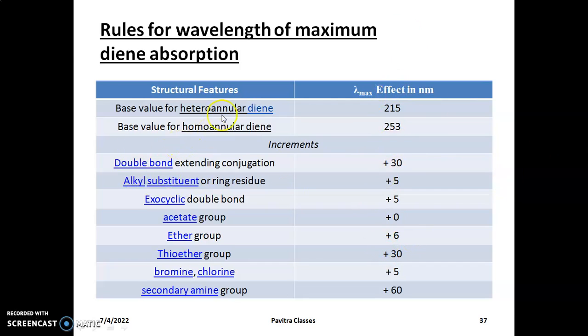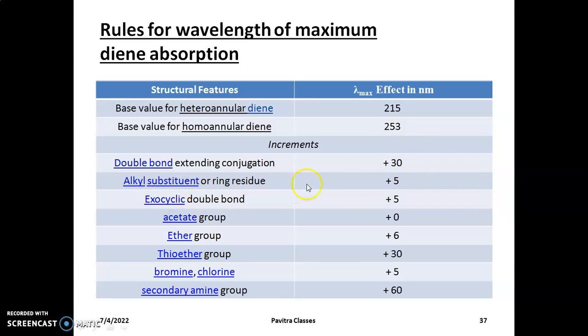Here, usually starting with the rules for the wavelength maximum of dienes: the base value for the heteroannular diene is 215. The base value for the homoannular diene is 253. Double bond extending conjugation, these are the increments. If a double bond is present, for each double bond 30 points are added.